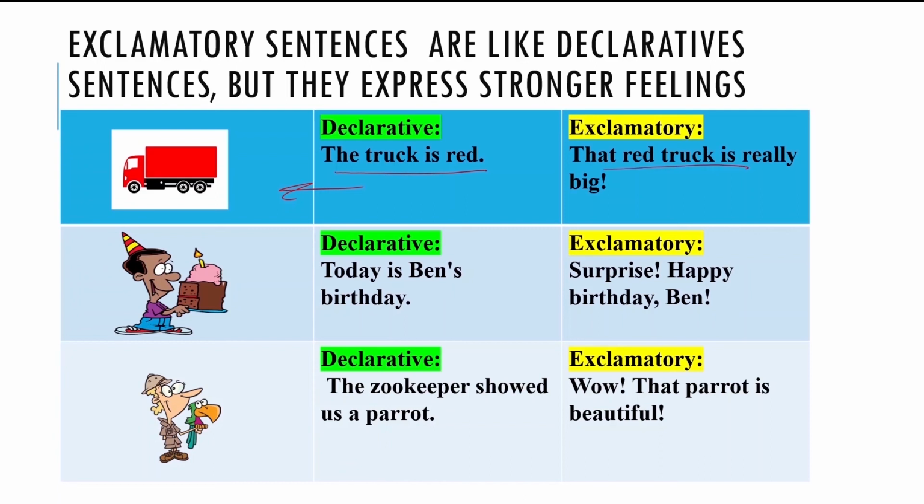Exclamatory, that red truck is really big! Strong emotion. Today is Ben's birthday. It's a statement. Surprise! Happy birthday, Ben! Strong emotion. The zookeeper showed us a parrot. It's again a statement to give information. Wow, that parrot is beautiful! Strong emotion. So this is the difference between declarative and exclamatory sentence.